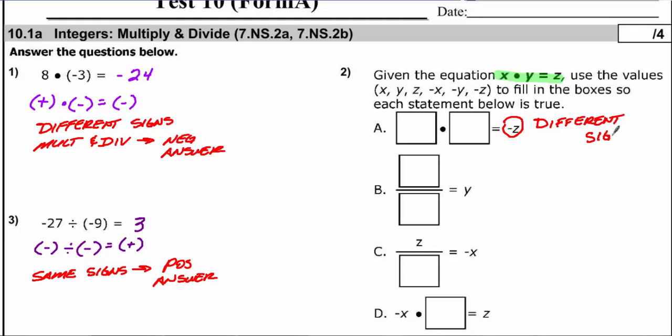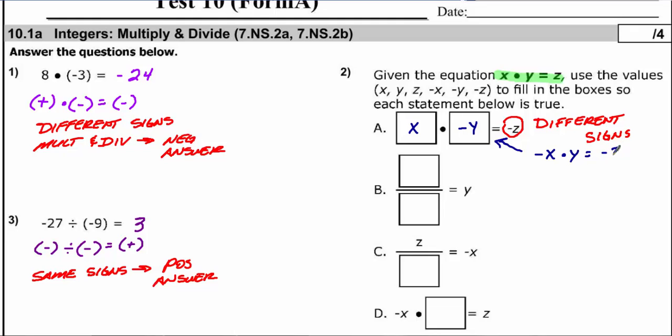The only way to get a positive answer like B is same signs, and the only way to get a negative answer like A is different signs, which means we could either have x times the opposite of y, or for this one, we could have the opposite of x times y.